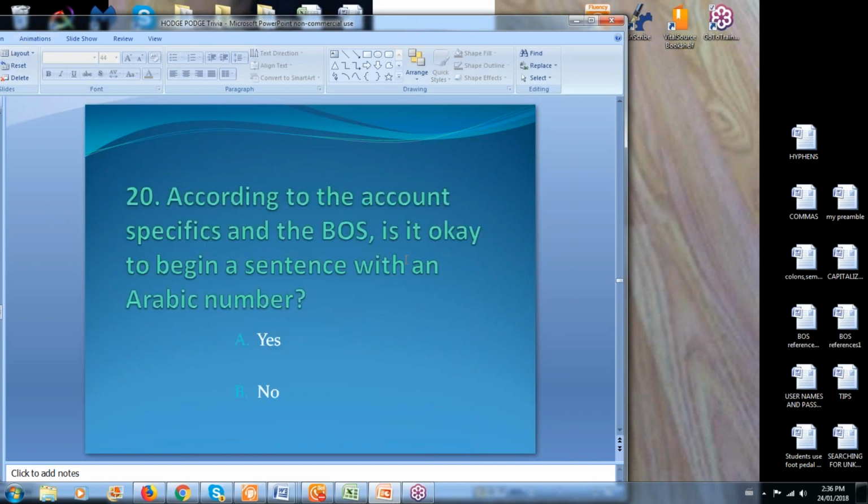Okay, let's see. 20. According to the account specifics in the Book of Style, is it okay to begin a sentence with an Arabic number? Now, most people should get this right, surely.